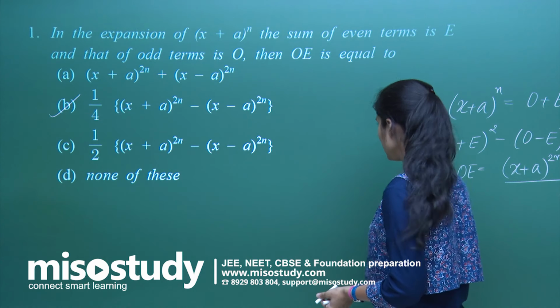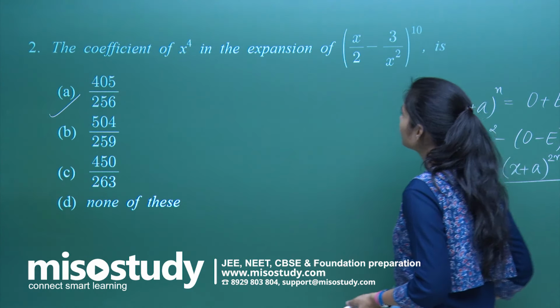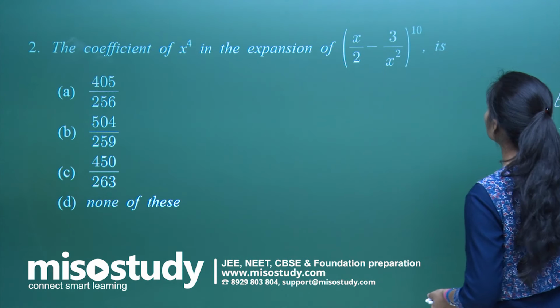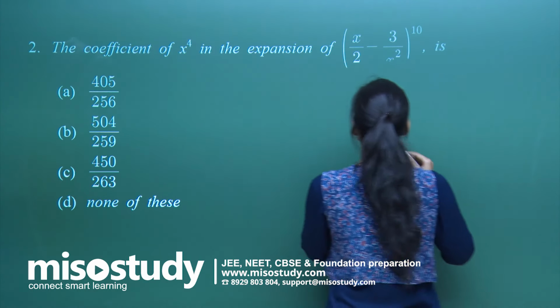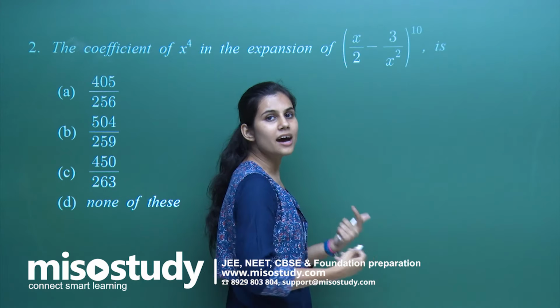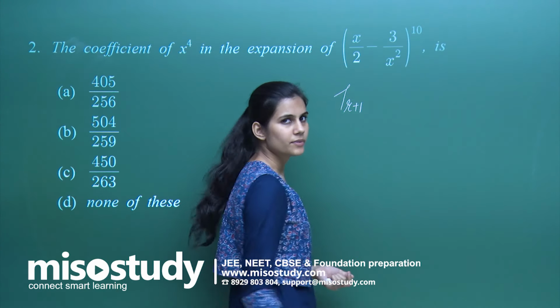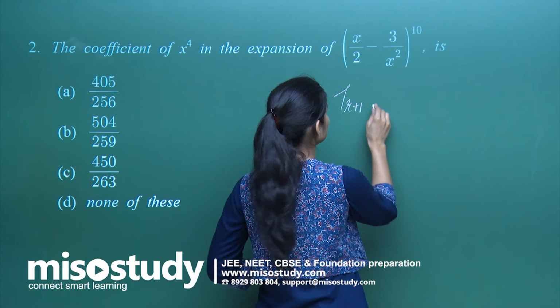Easy enough? Next question is the coefficient of x to the power 4 in the expansion of (x by 2 minus 3 by x square) whole to the power 10. Let's see. Suppose there is this r plus 1th term, which basically has x to the power 4 as its coefficient.